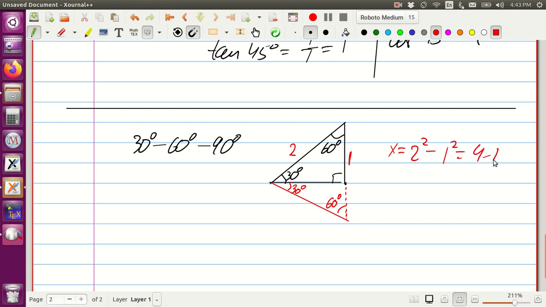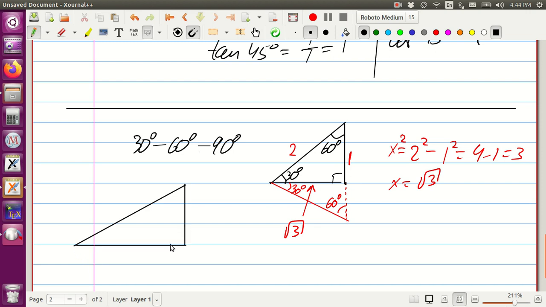So it's 4 minus 1, which is 3. So x will be square root of 3. So if we make this clean picture, this is 30 degrees, this is 60 degrees, this is 90 degrees, and the sides are 1, 2, square root of 3.